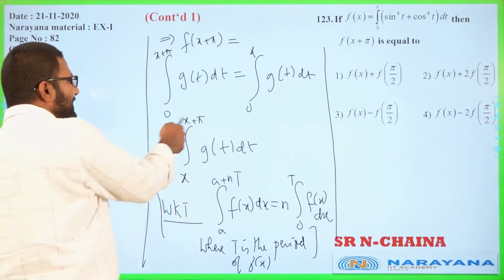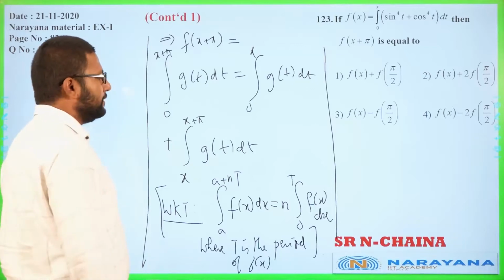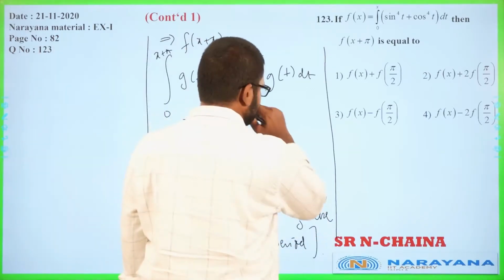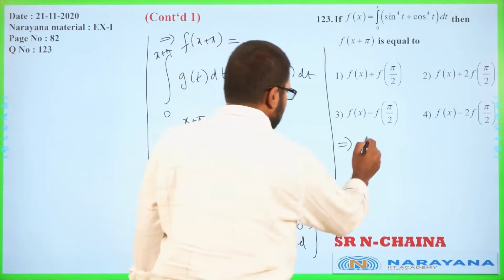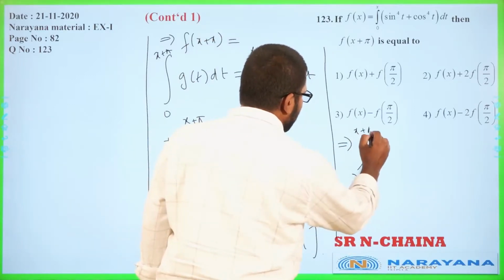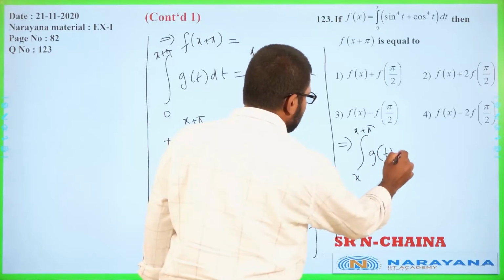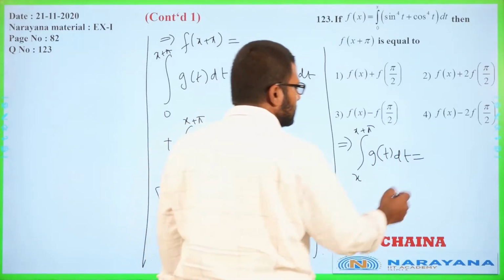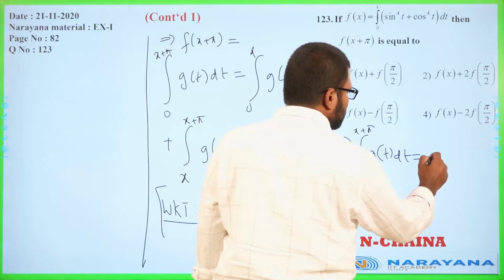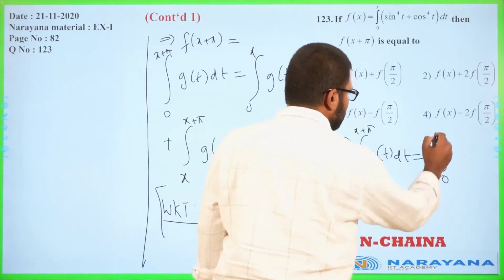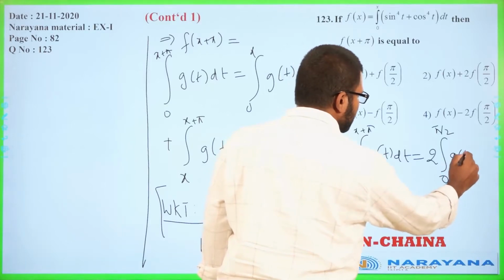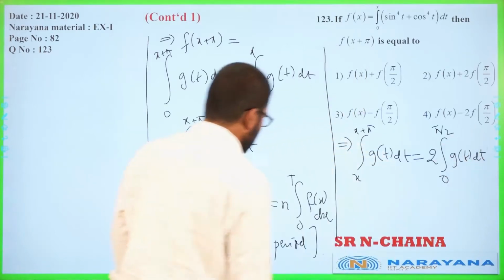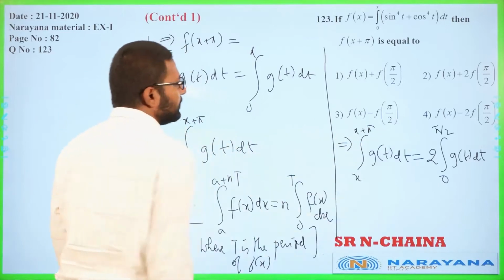Now here pi is exactly double the period, so integral x to x plus pi of g of t dt can be written as 2 times integral 0 to pi by 2 of g of t dt. Why? Because its period is pi by 2.